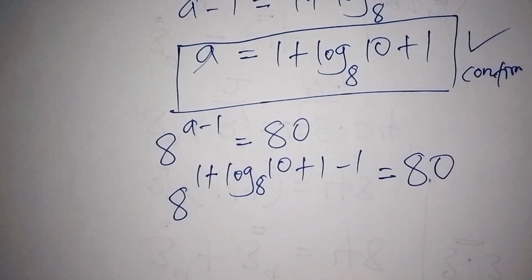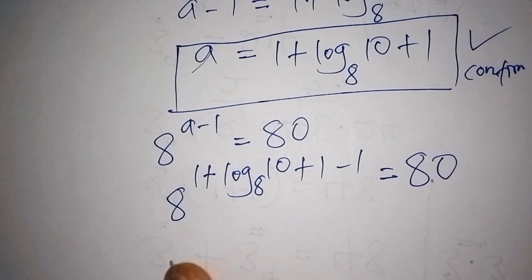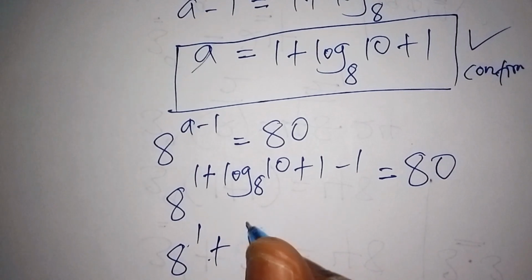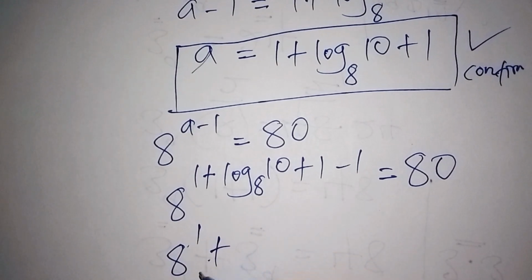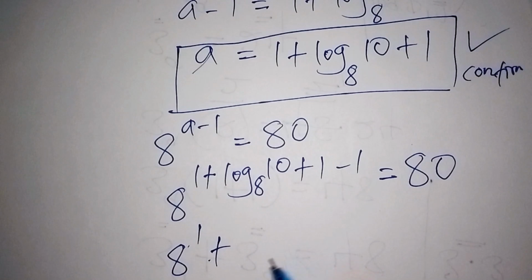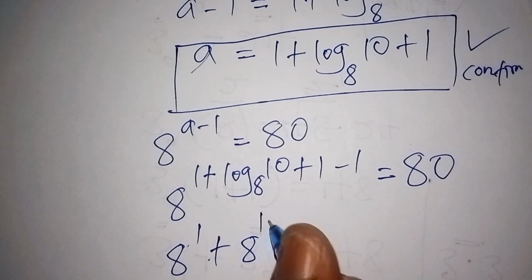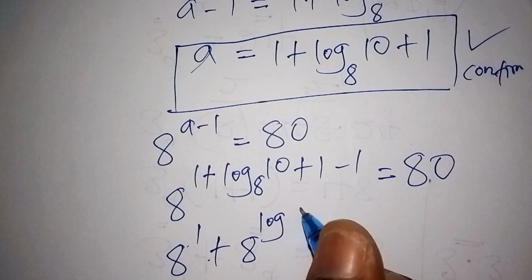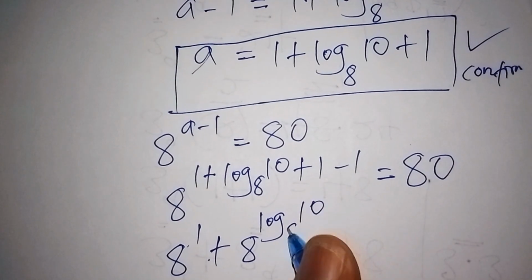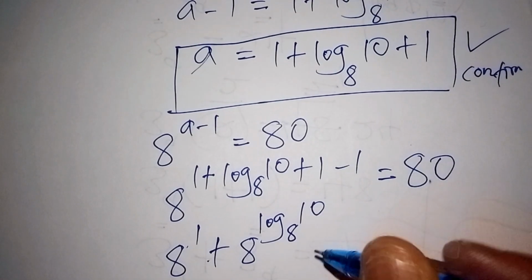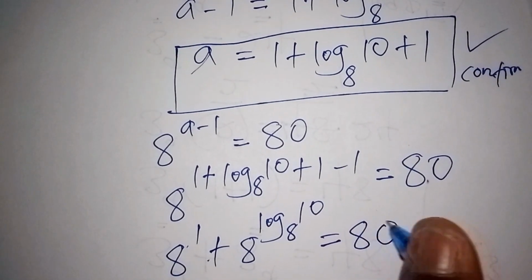So here we can rewrite it as 8 to the power of 1, plus the log of 10 to the base of 8, where the plus 1 and minus 1 cancel each other, is equal to 80.